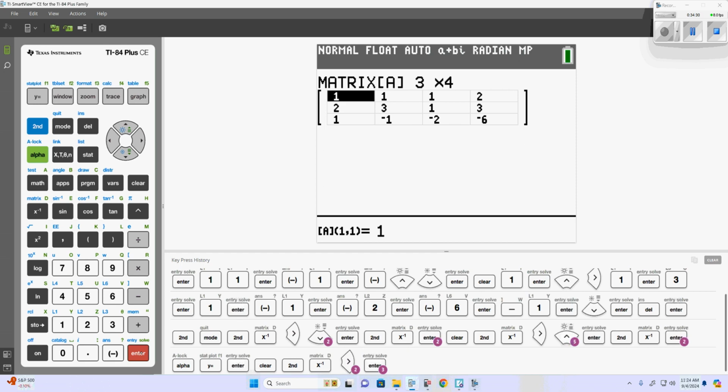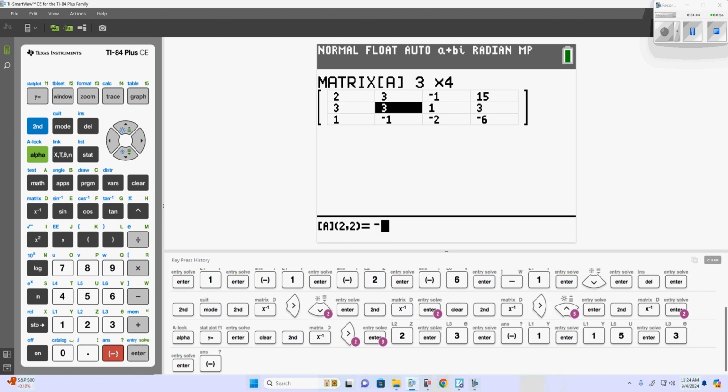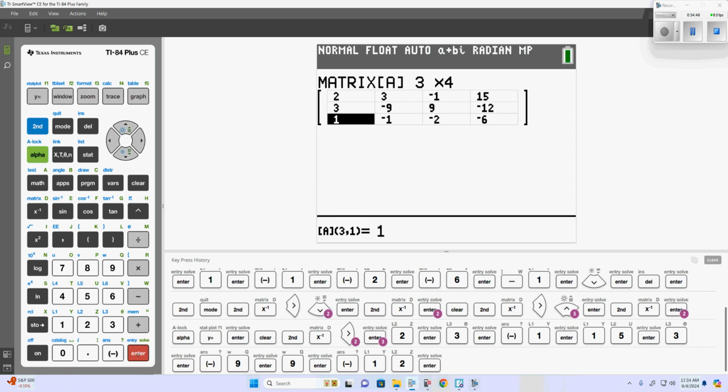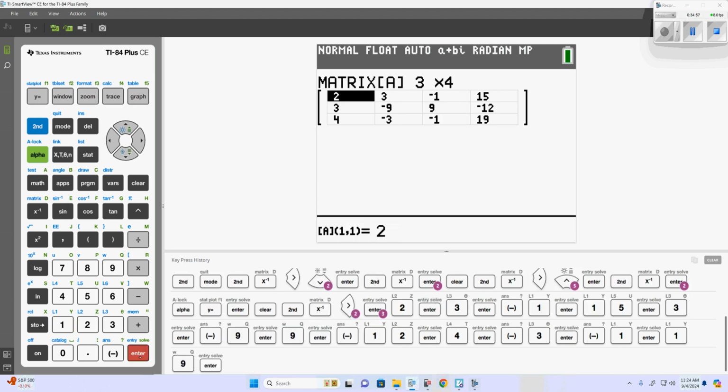So you can hit enter, enter, 3, 4. Now our first number is 2, 3, -1, 15, 3, -9, 9, -12, 4, -3, -1, 19.